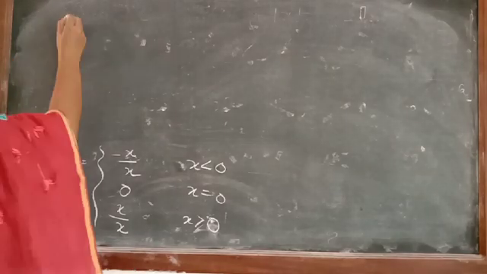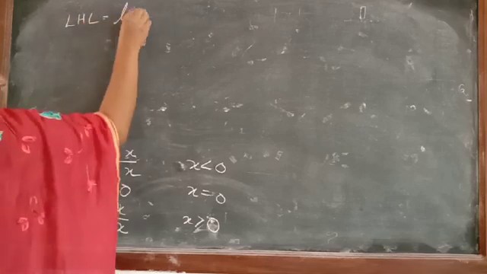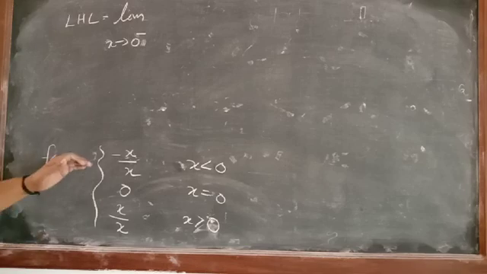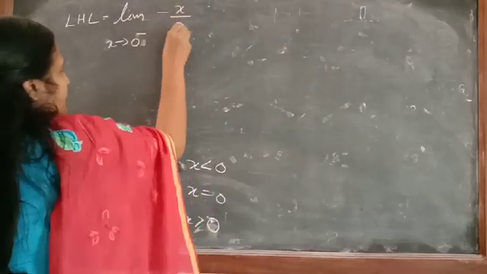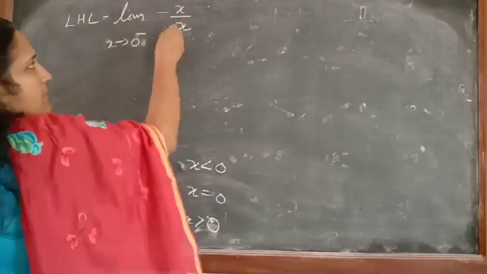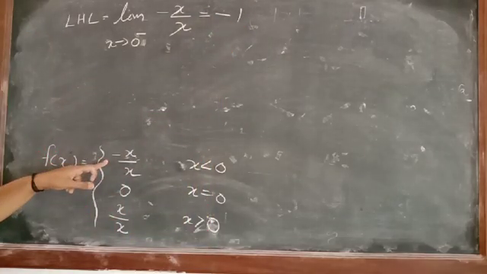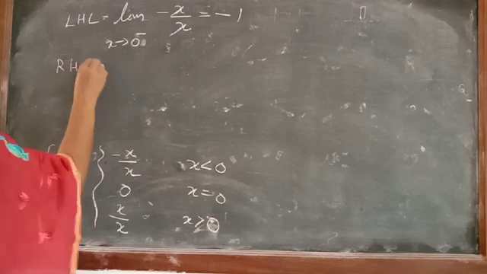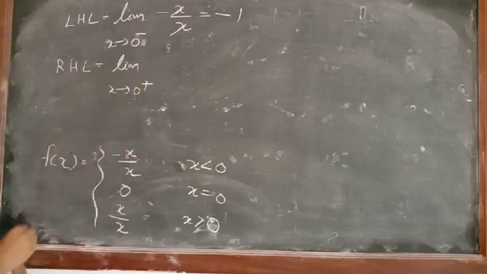Now we will calculate the left hand limit at x equal to 0. Left hand limit means limit x tends to 0 minus. Which function will we take when the value of x is less than 0? This is our function, minus x by x. What will come? Both will get cancelled, and we will get the answer minus 1. Now we can check the right hand limit. Limit x tends to 0 plus.